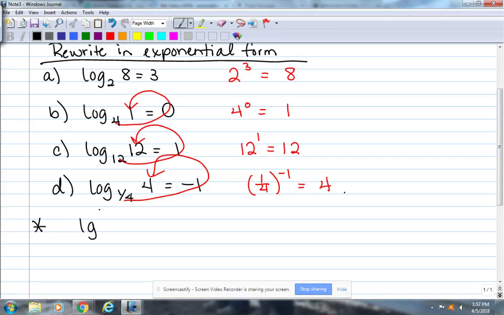All right, I want you guys to try these on your own, on your paper. Convert these from logarithmic to exponential. Rewrite those in exponential, please. Do your loop if you need to.